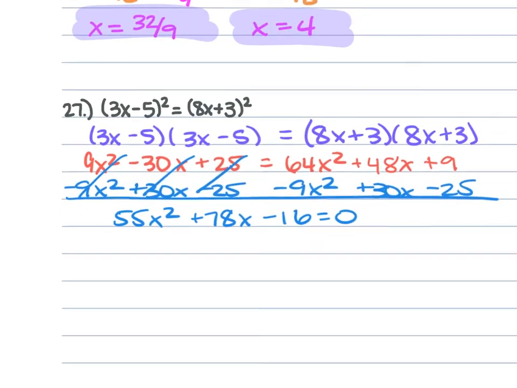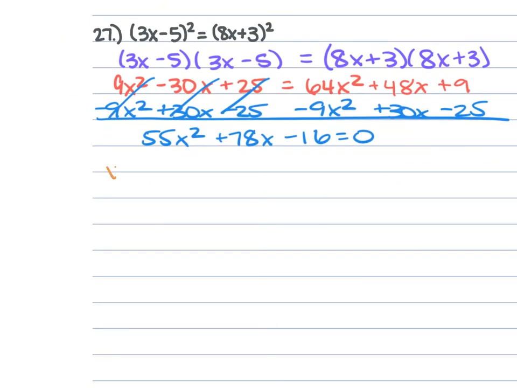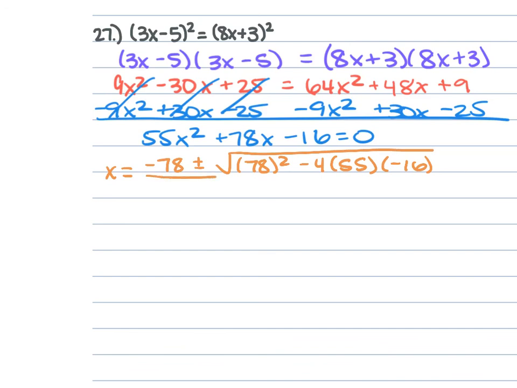From here, again, I know it's big numbers, but I'm just going to work with my quadratic formula. To me, it's easier. So I'm going to have negative 78 plus or minus the square root of 78 squared minus 4 times 55 times negative 16 all over 2 times 55.